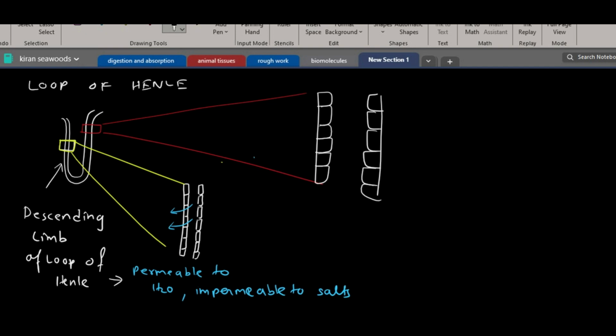This cuboidal epithelium is responsible for active sodium reabsorption. That means the sodium will be dumped into the interstitium of medulla. Sodium, not water, but sodium.